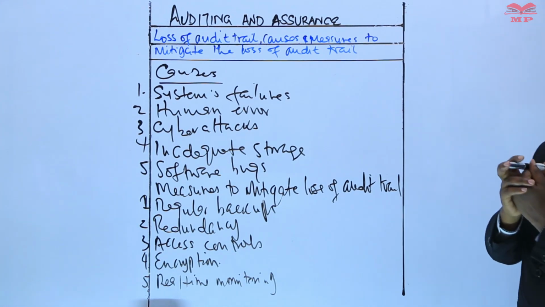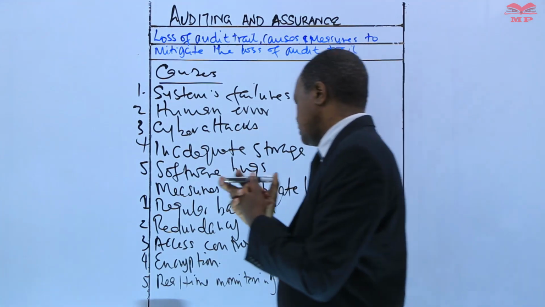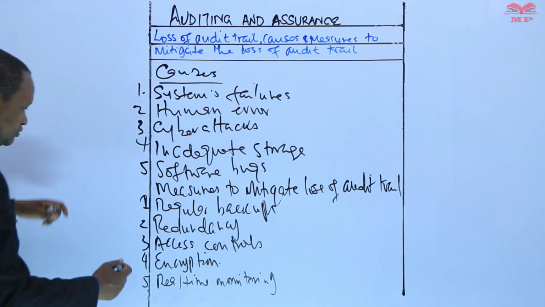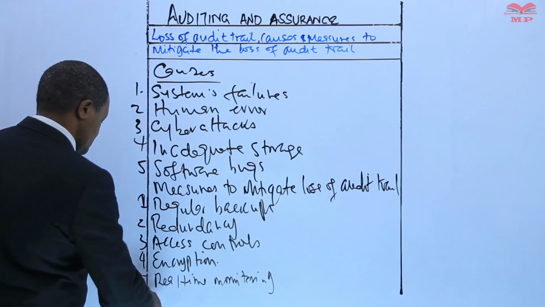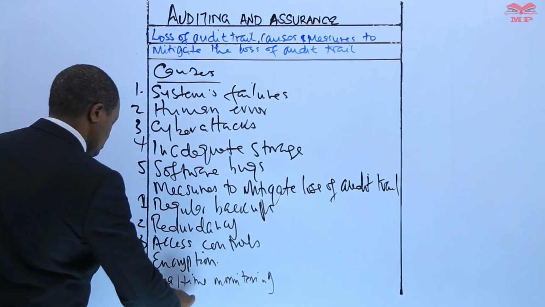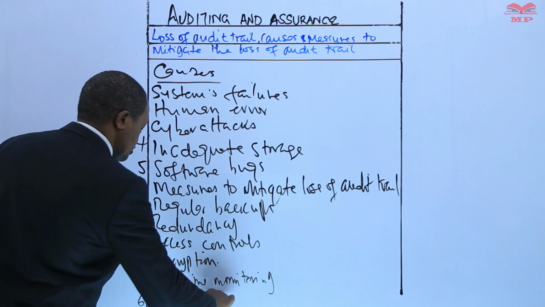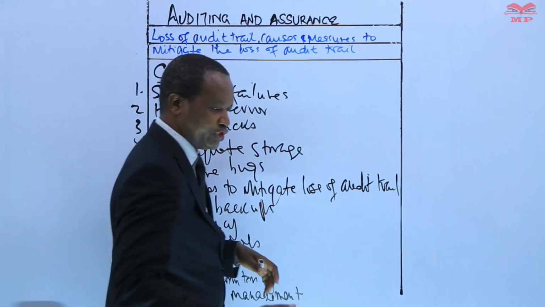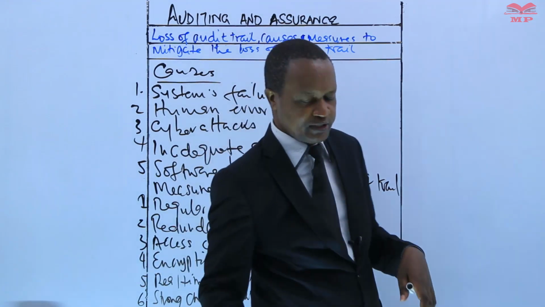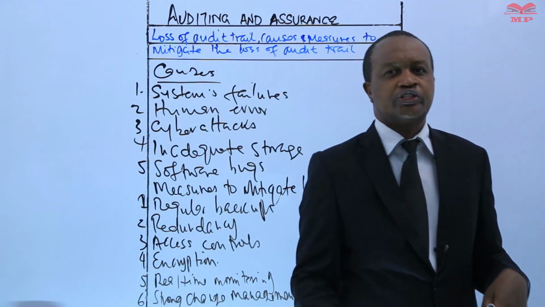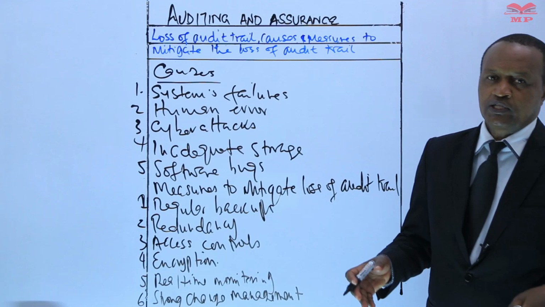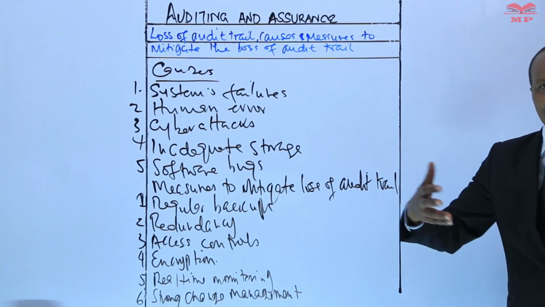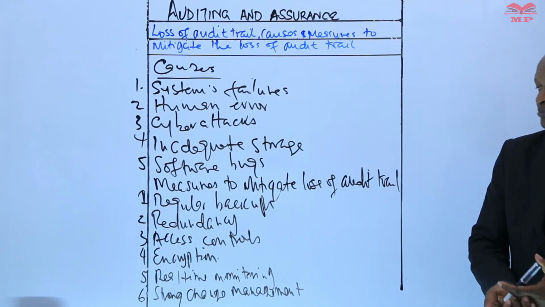Then we can add another one. Number 6, strong change management. The company can implement robust change management processes to ensure that changes to audit logging configurations are carefully reviewed and approved before implementation.